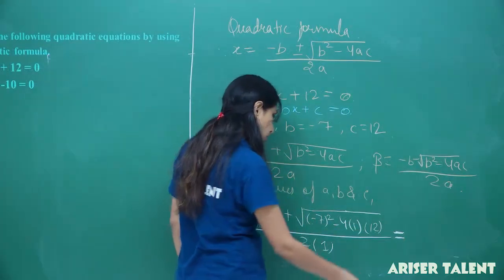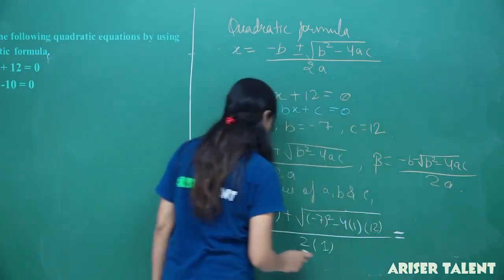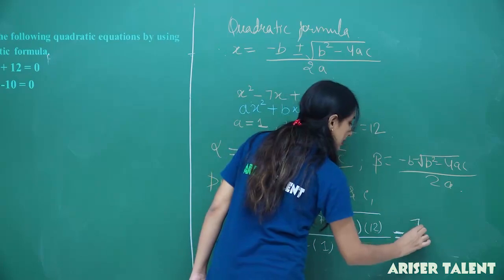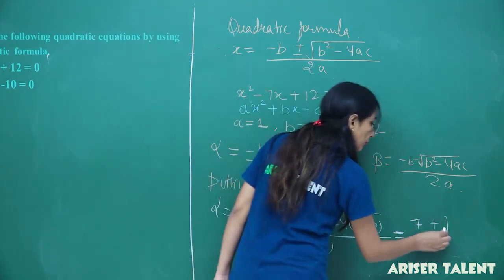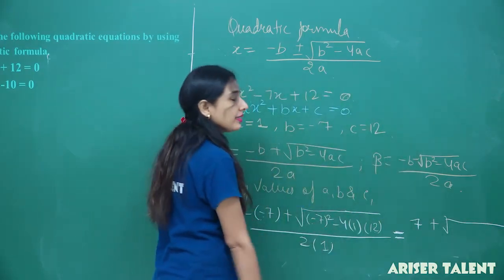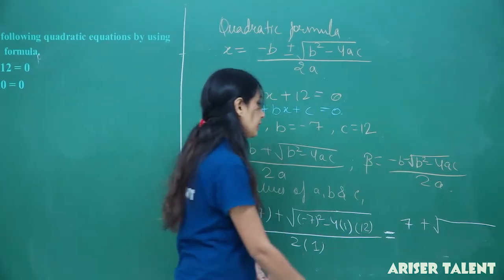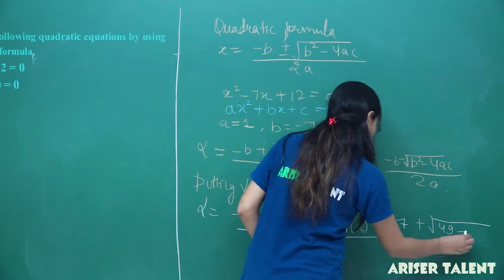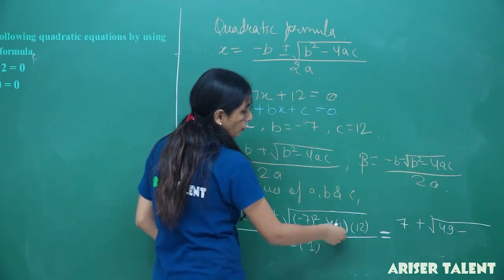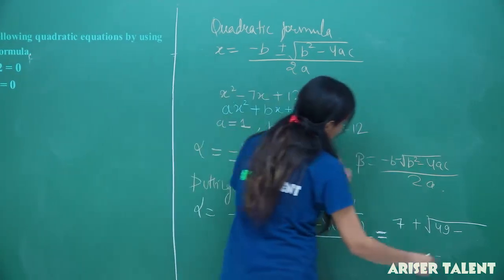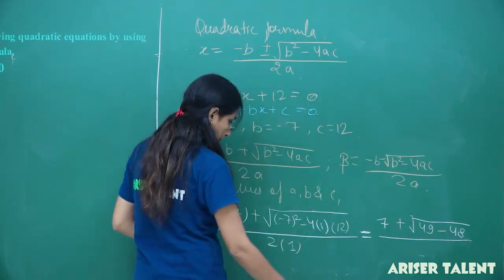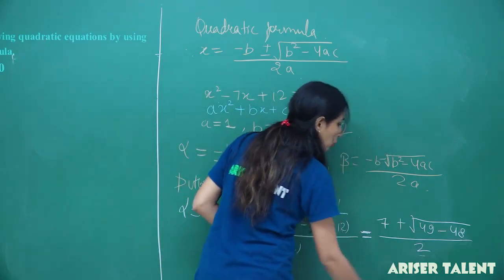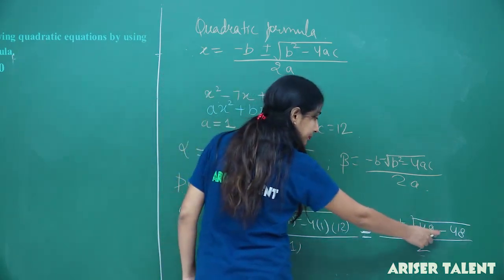Okay students, so that will be minus minus 7, that is plus 7 here, plus again, and root of minus 7 square is what? 49. Now minus 4 multiplied by 12 is what? 48. Now divided by 2.